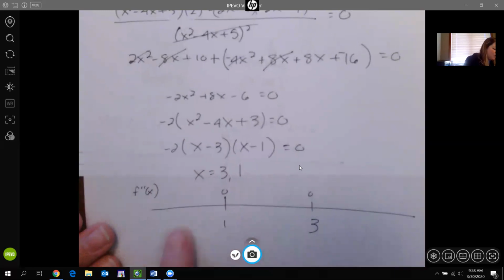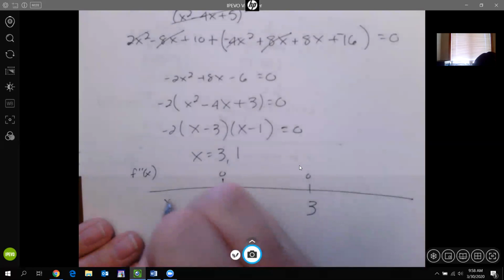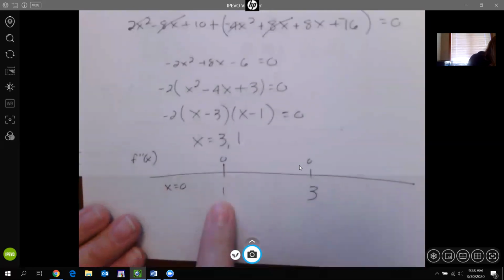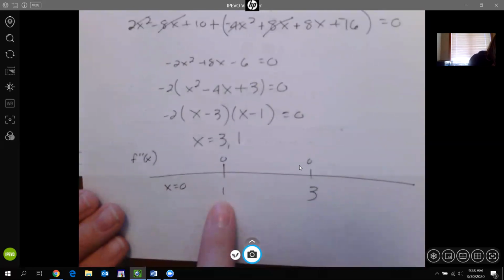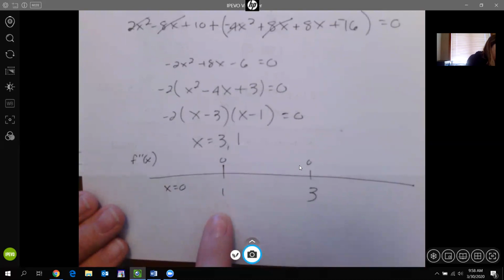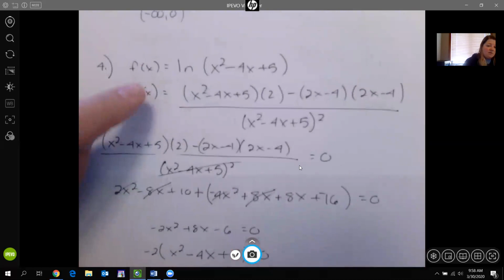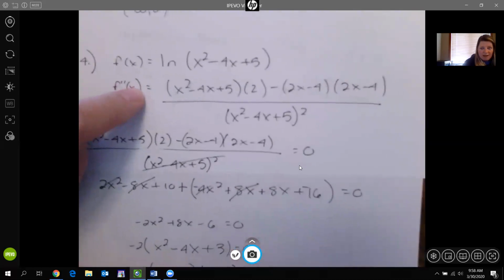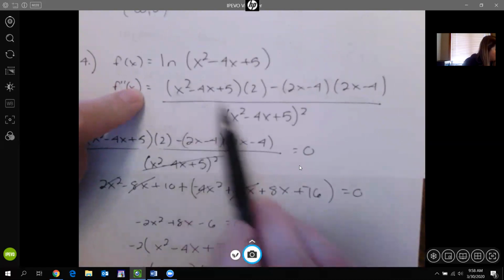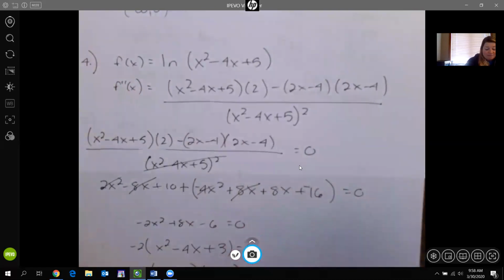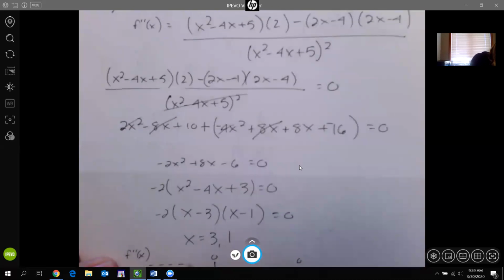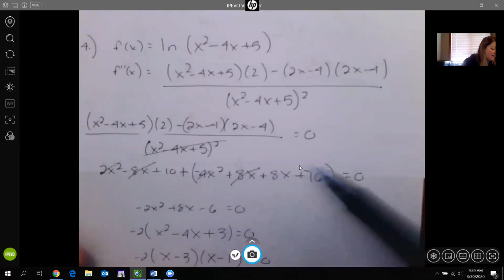And we need to decide if we're negative or positive in each section. So we're going to say, all right, 0 is below 1. So if I put a 0 into the second derivative, ooh, use your calculator, okay? 0 in here is actually going to give me a negative. I don't really care what the number is.